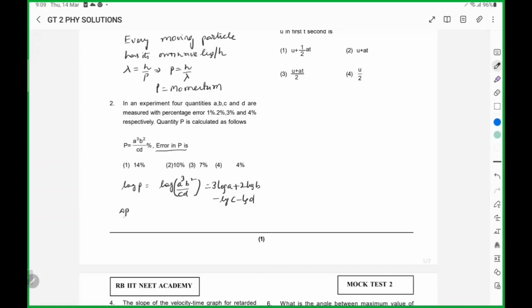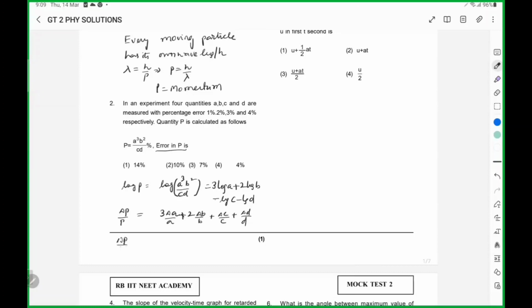So while considering error, differentiating with respect to P, plus 2 delta B by B. Here, while calculating error, maximum error we calculate. Even though minus, we write here plus.